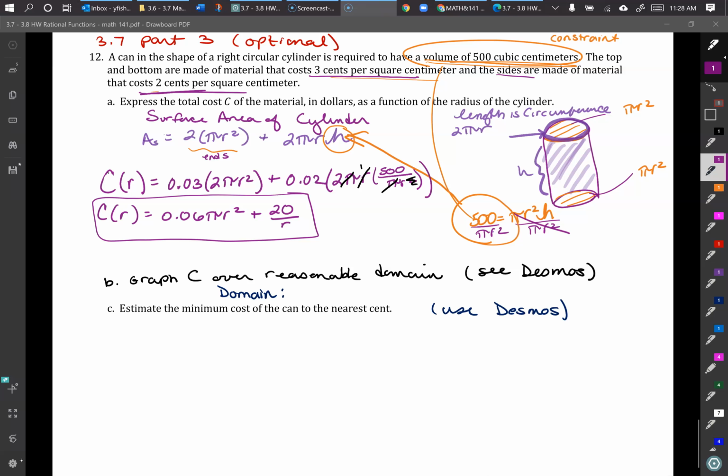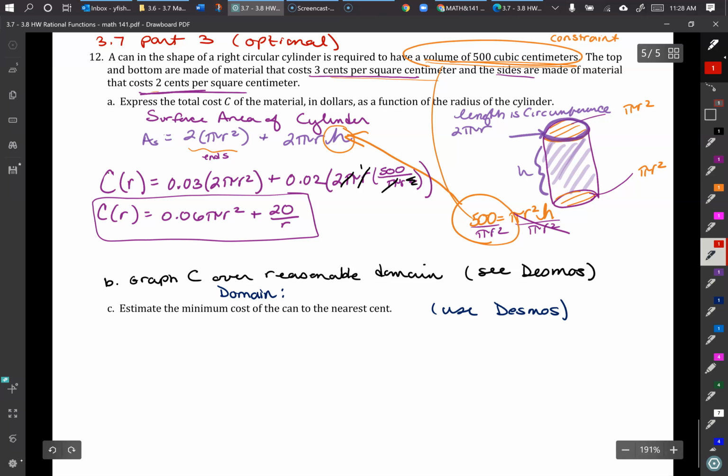So our cost function related to radius is going to end up being 0.06 pi r squared plus 20 over r. And we could do a similar thing as we did in question 11 and combine our terms.